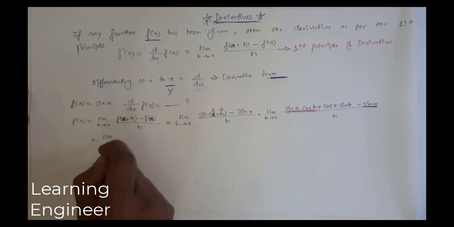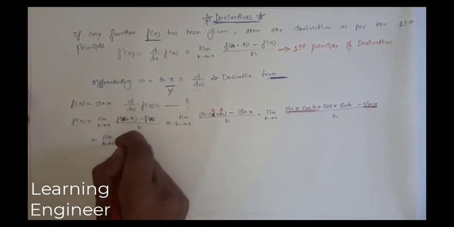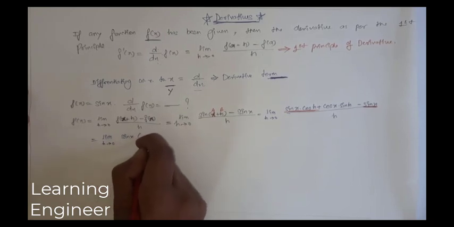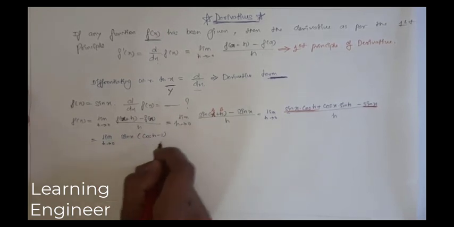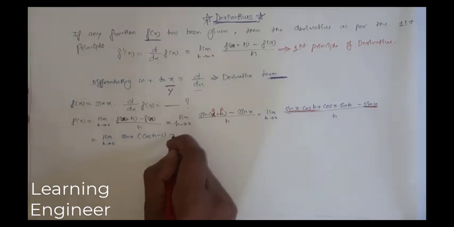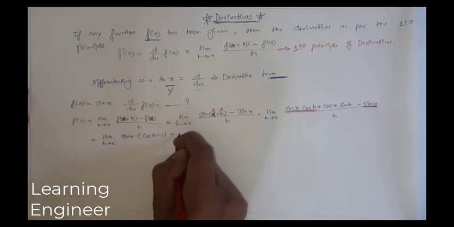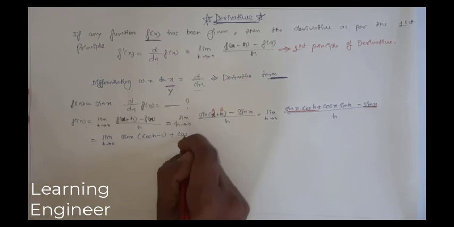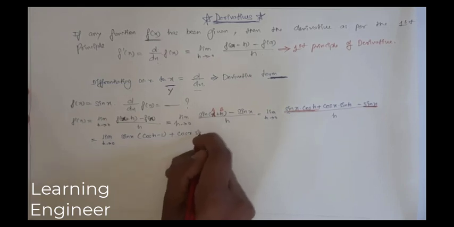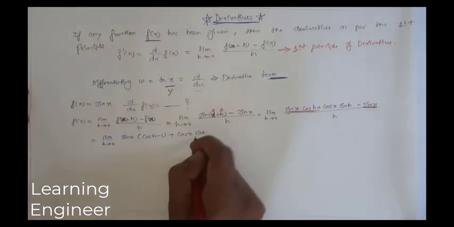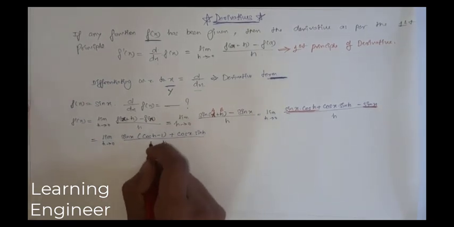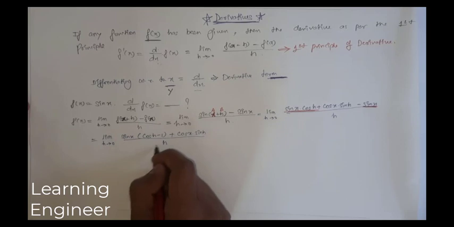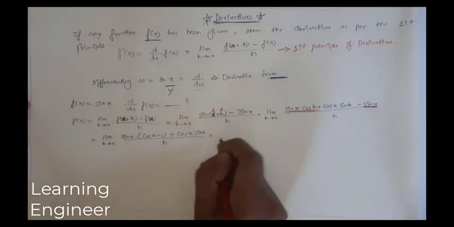So when we take sin x common, we get limit h tends to 0 of sin x into cos h minus 1, plus cos x sin h. This term will remain as it is, whole divided by h. Now we can separate this h and we can separate this limit also.